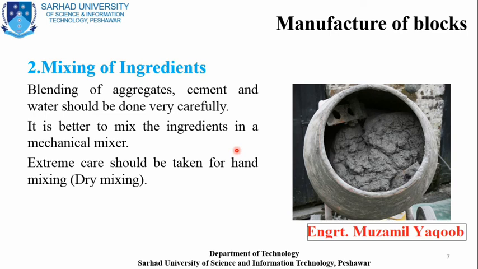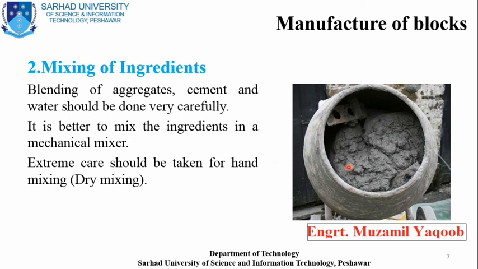So in this process, over here in this picture you can see a mechanical mixture in which all the raw materials are mixing or making a concrete blend. And another aspect is that we use water, right?